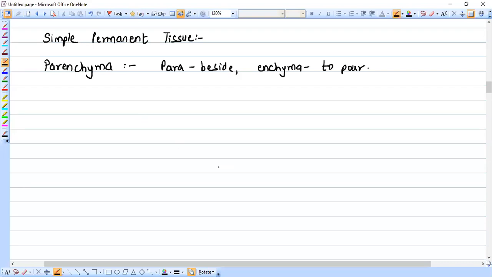So let's look at the characteristics first. In the center I will write parenchyma and let's highlight it. Now we are going to talk about the characteristics of parenchyma in detail.